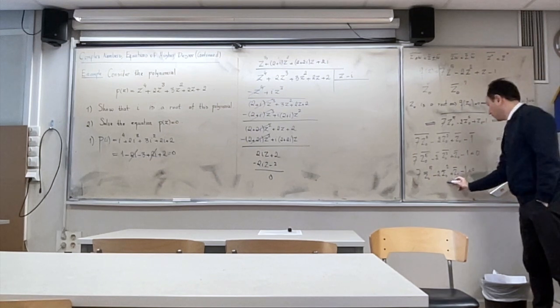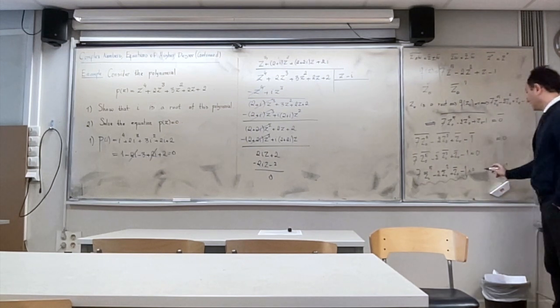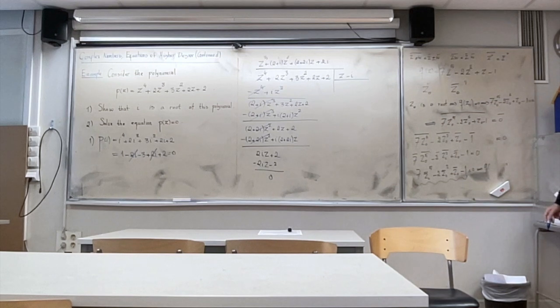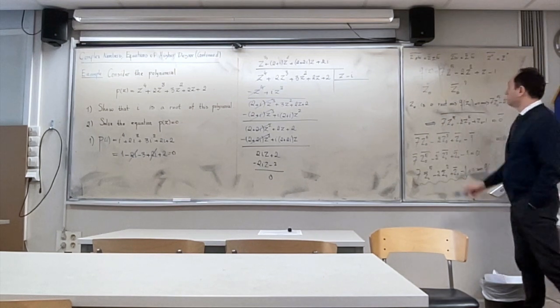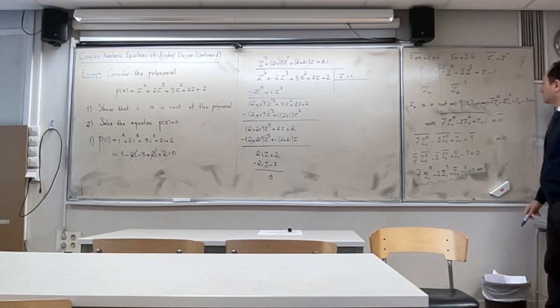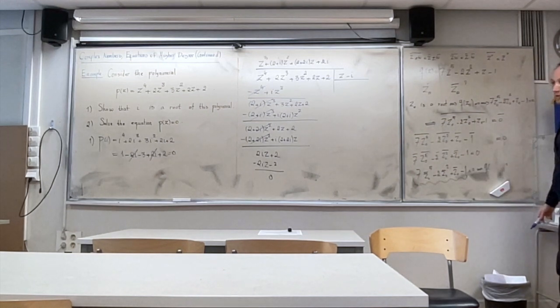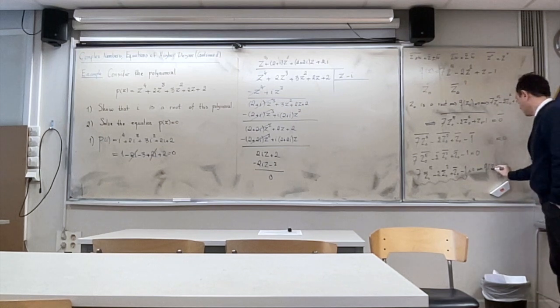But if I ask you what this is in terms of polynomial q, this was q of z, yes? So this is q of what? Z naught bar, yes? So this is q of z naught bar is equal to 0.